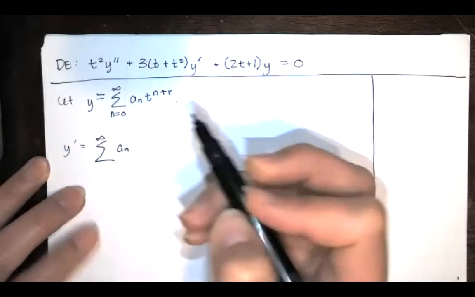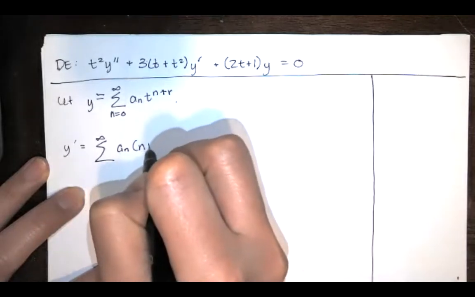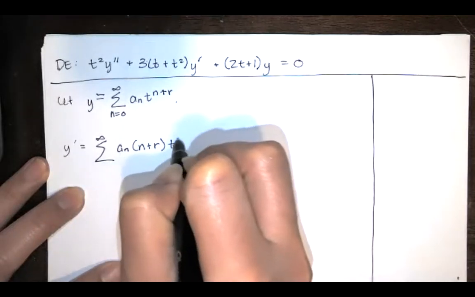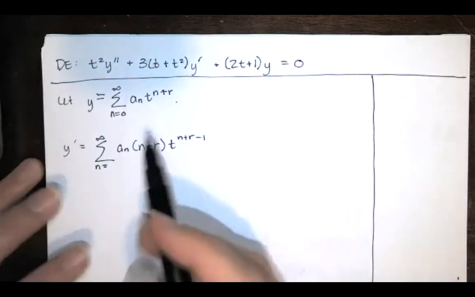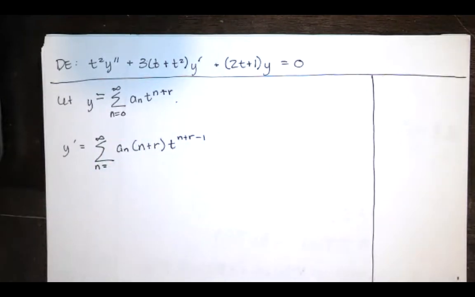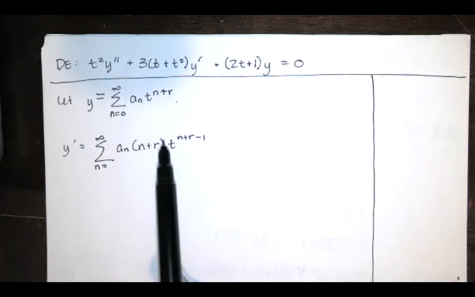We'll bring our constant down, and then you've got t to some power. The derivative of t to some power is that power times t to the 1 less power. Now, when we're just using series solutions about an ordinary point, usually the value of the index increases by 1, because when n equals 0, if there's no r here, we would get a 0 for our first term.